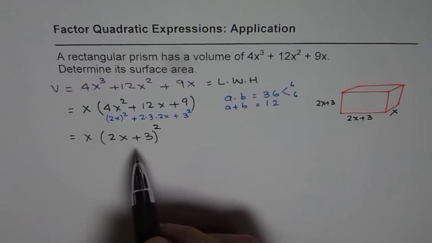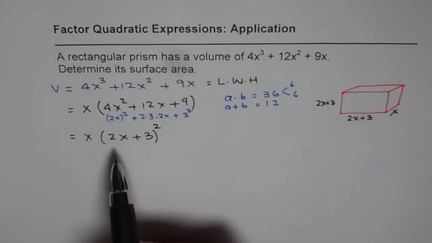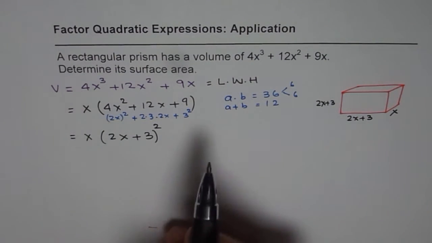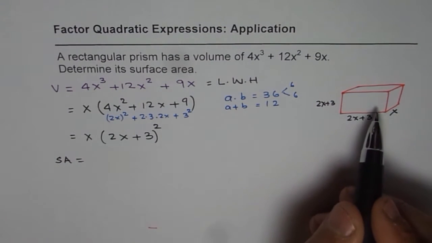Now we need to find surface area. So we can say one of the sides is x, the other two are 2x plus 3 and 2x plus 3. Now let's find out the surface area for this prism.